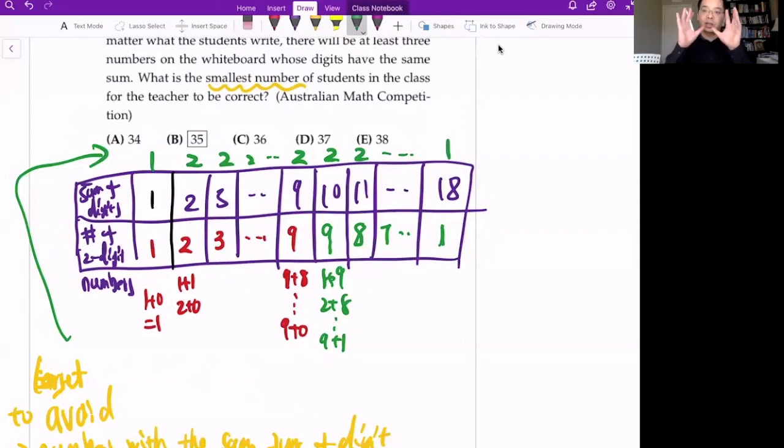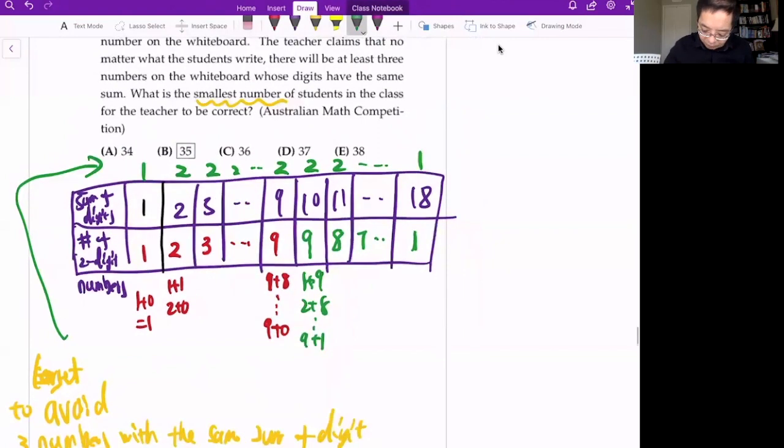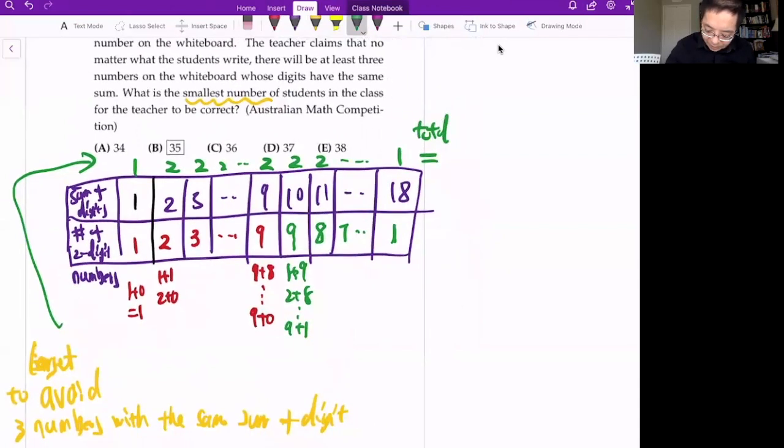That's the largest number of two-digit numbers I can choose so that there are no 3 numbers with the same sum of digits. The total is 1 plus 2 plus 2 and so on, plus 1, which equals 34. Then in order to have 3, the minimum I need is this one plus 1.